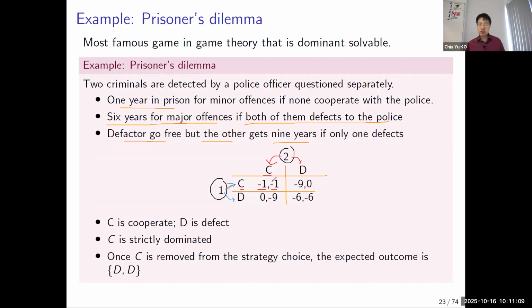So C and D, they confess to the police, and the other guy didn't. In this case, C means they do not tell the police, they remain silent.